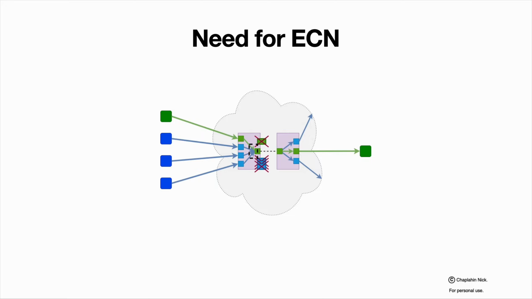What happens? We start losing packets and frames, and the receiver doesn't care about all the other packets and frames.